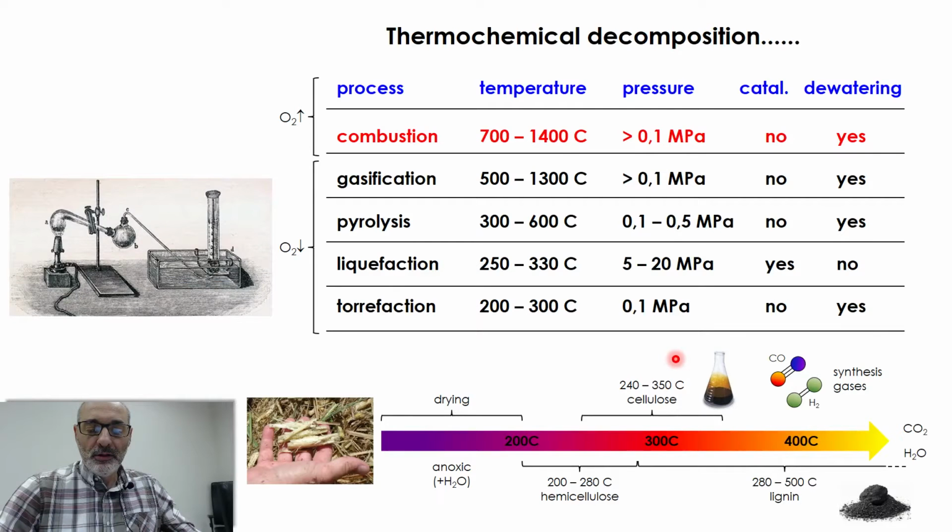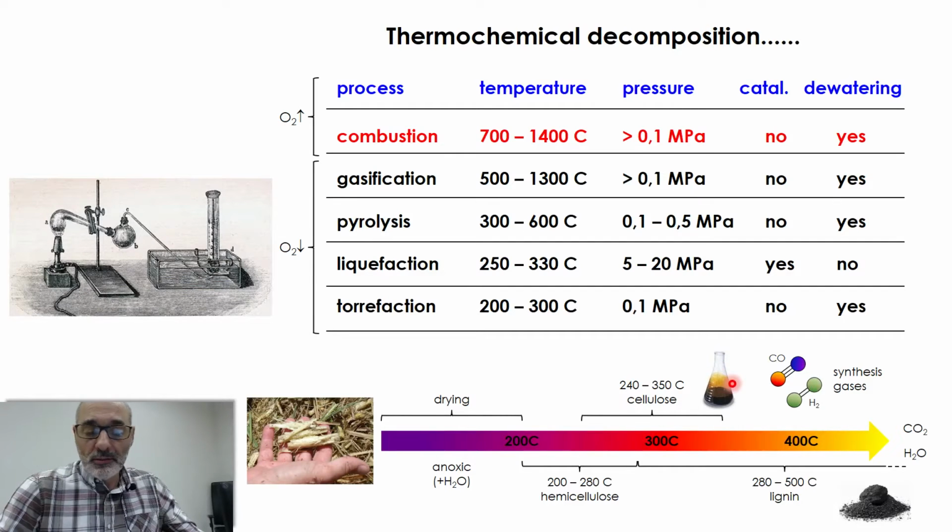You have all sorts of compounds here. At the end, you have what we call synthesis gases, which is mainly CO and H2. This gas is very important because you can use it as a feedstock for other compounds, for plastics, for solvents.